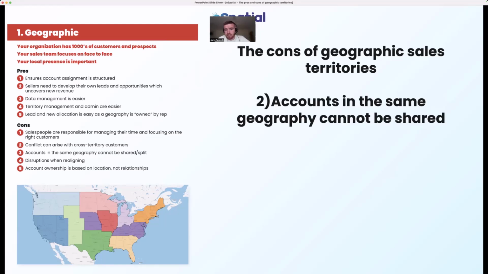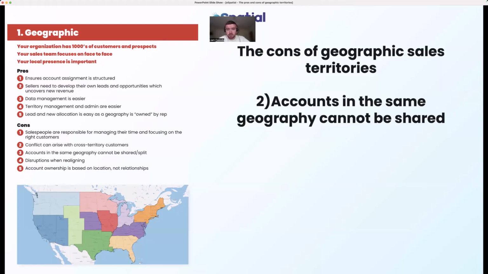Okay, so another con. Accounts in the same geography cannot be shared. A classic example we use to explain this: let's say, again, you and I are neighboring reps in a medical device company. I specialize in the dermatology unit, you specialize in the oncology unit.